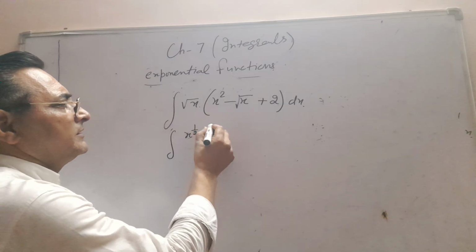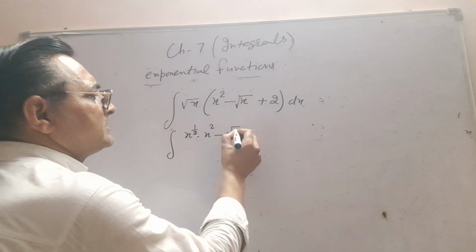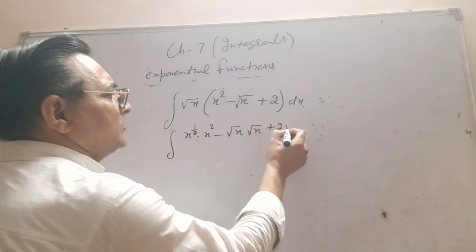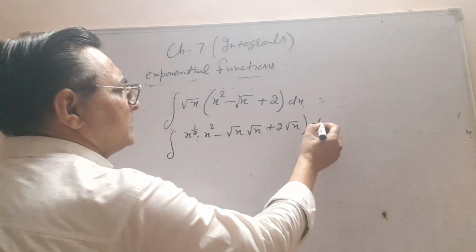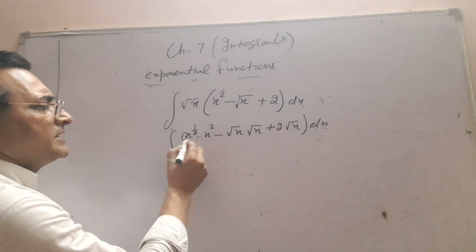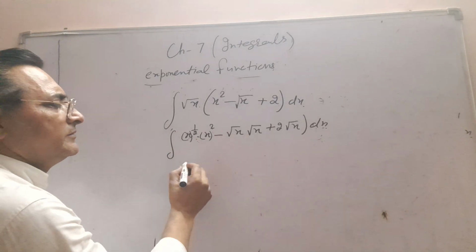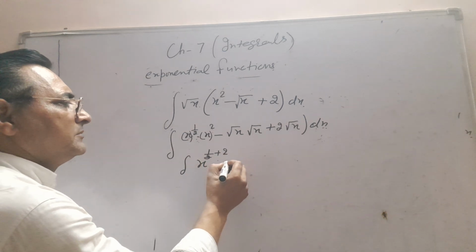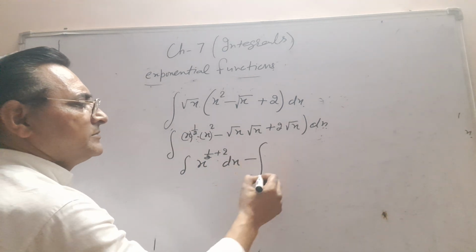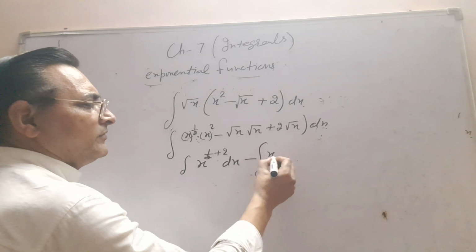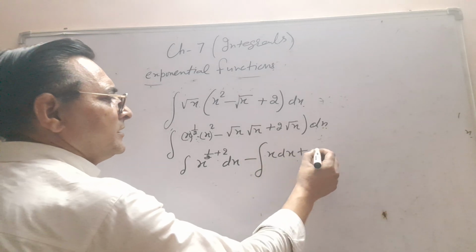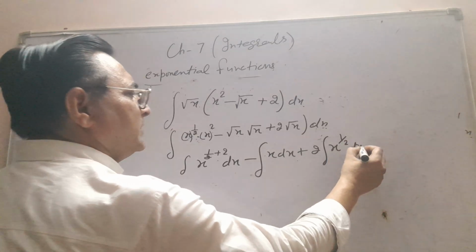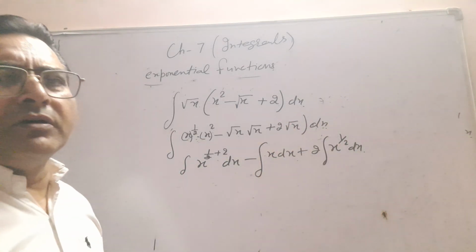Multiply x power 1 by 2 with x square, with x, with root x, and with 2. Now the base is the same, so the powers will be added. x power 1 by 2 plus 2, dx. We are separating the terms. Root x into x will be x into dx, plus 2 times root x, which we can write as x power 1 by 2 dx. We separate all the terms.